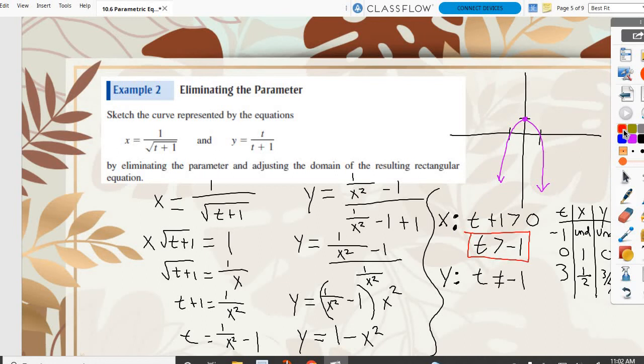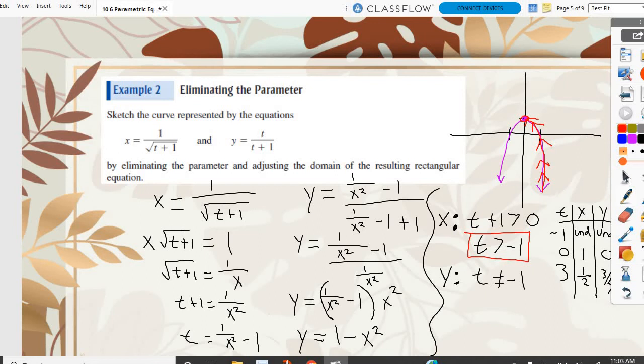But if I plugged in smaller negative fractions, we would get bigger and bigger x values, so I would get stuff that's going this way, agreed? And we said that it's getting closer and closer to x equaling 0, but it's never going to quite reach it. So my graph is just going to be the right side of that. Does that make sense?